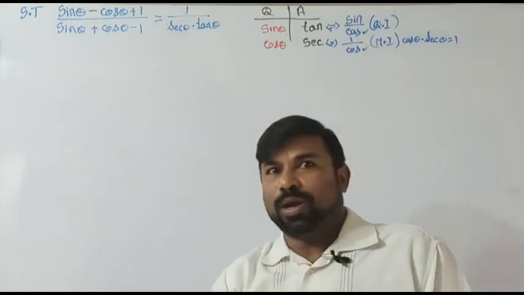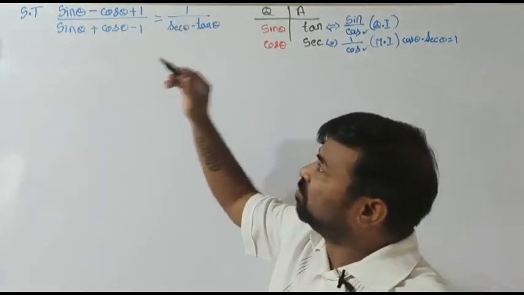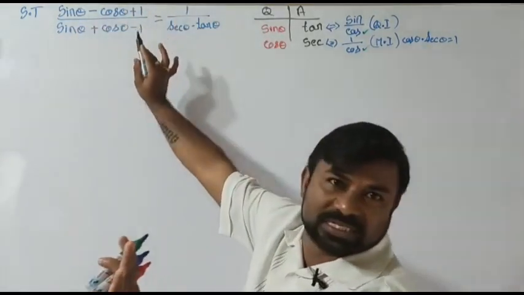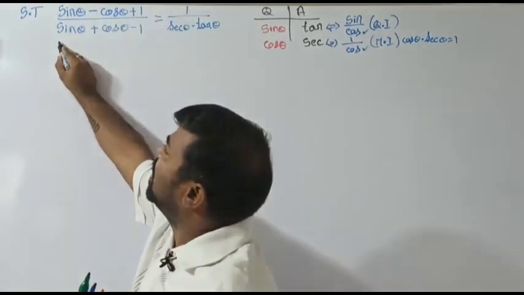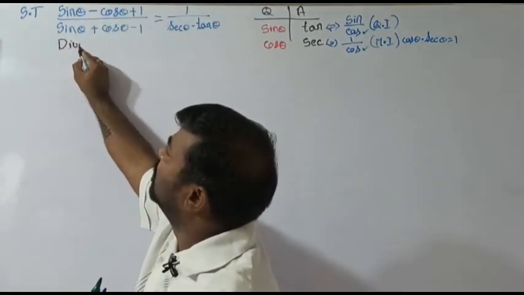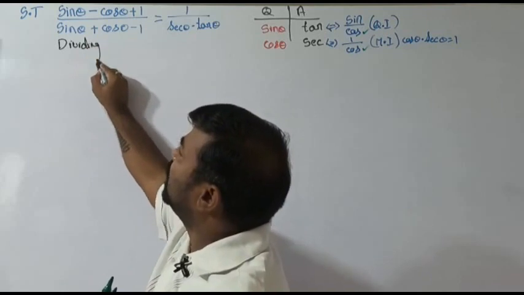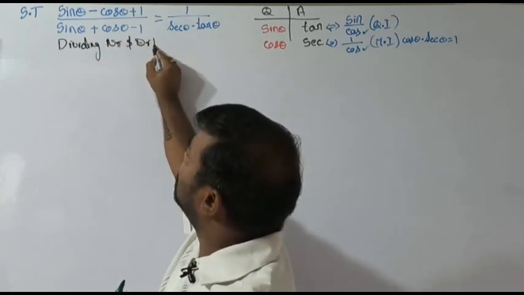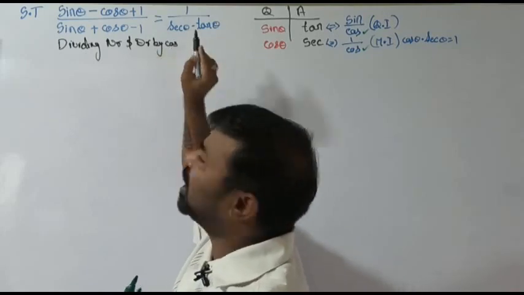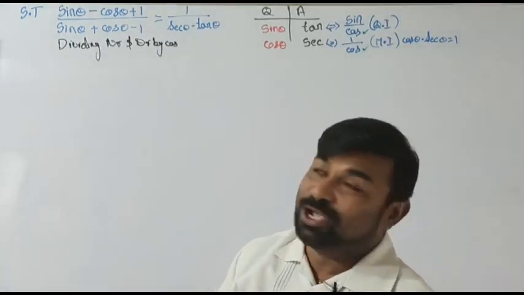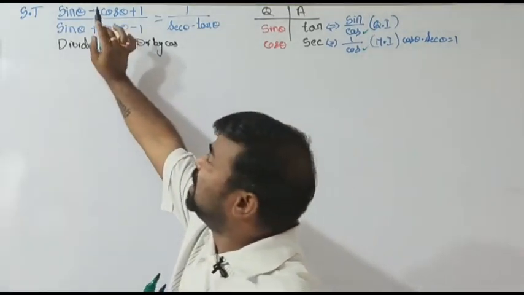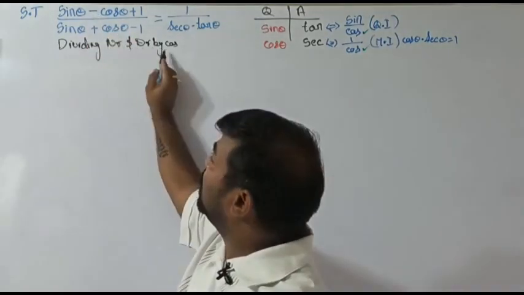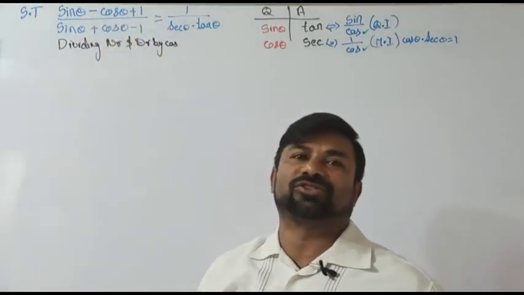So in a practical way, take the question and divide the numerator and denominator by cos. That is the first step, and that's the trick we are going to play.